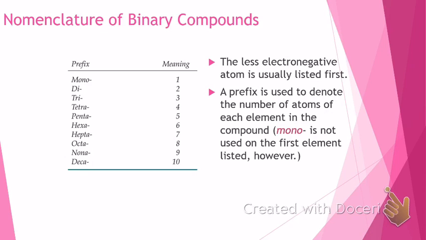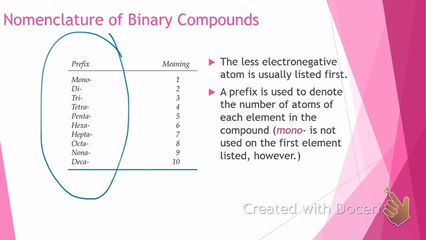And I want you to know, once again, you have to know 1 to 10. The way that you name these is you put the less electronegative atom first, because these are between two nonmetals, and then you put the more electronegative atom second.